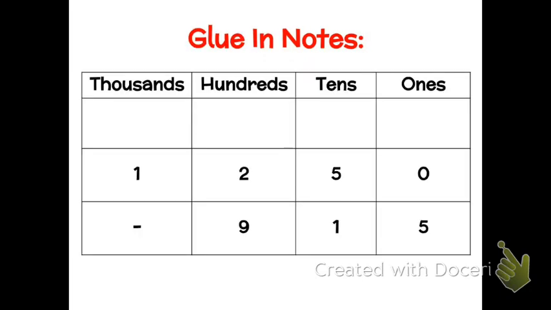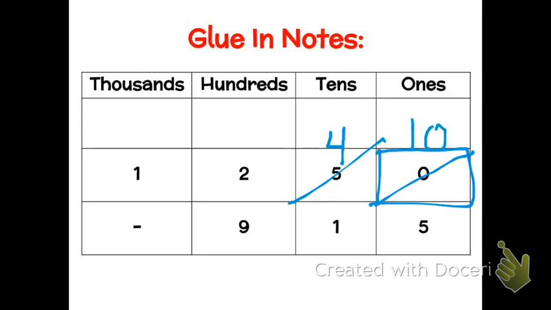As we go through this problem, we are going to be subtracting across a zero. Whenever I have a zero, I have to go next door and borrow, just like I was doing previously. But remember that it's not just a 1, it's a 10. So my 0 over here would become a 10. So I end up with 10 minus 5, giving me 5.